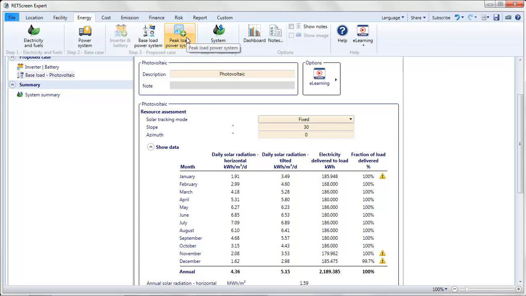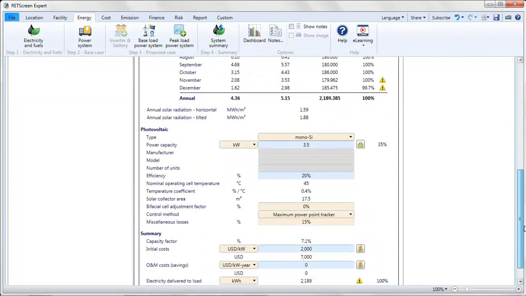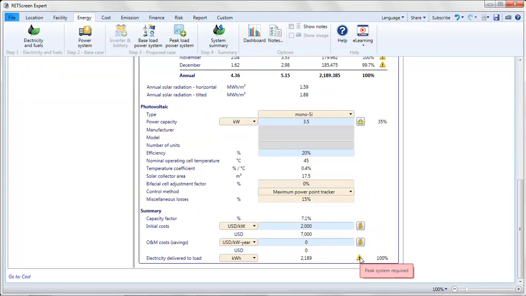However, our assumption is the residents of the home can adjust their behavior such that if they see the battery running down, maybe they don't run the vacuum cleaner, maybe they don't do the dishwasher that particular day, and therefore it's not a problem. So I am going to ignore these warnings and just assume that this is acceptable.